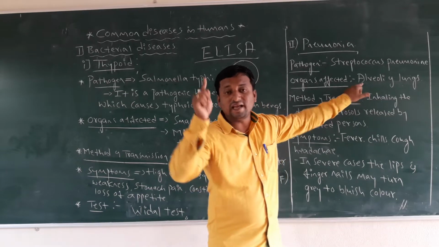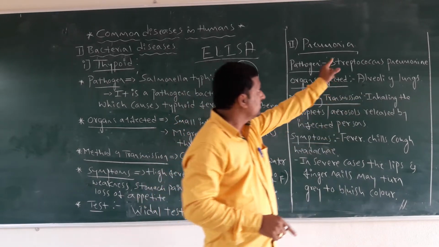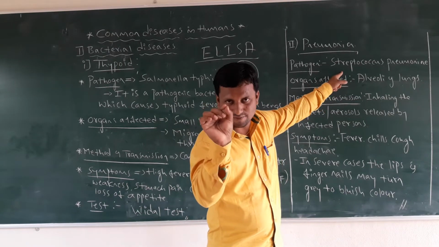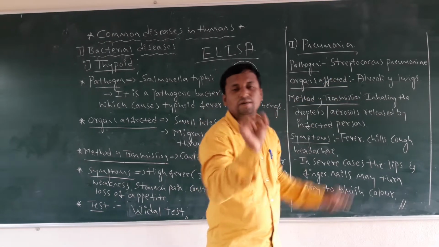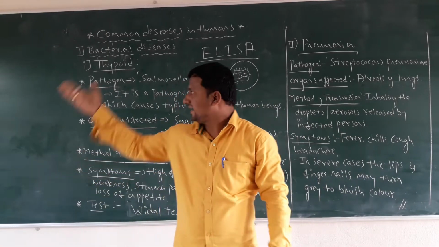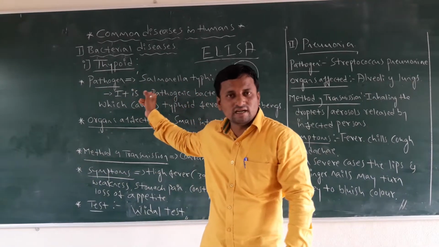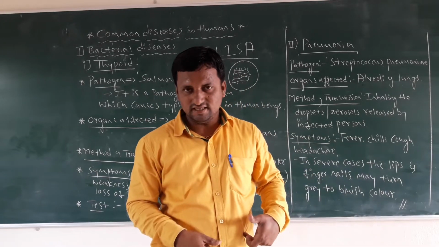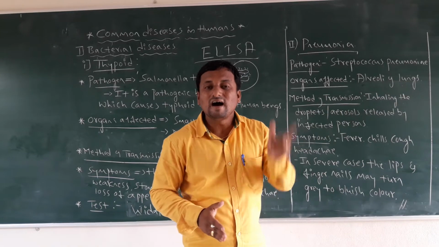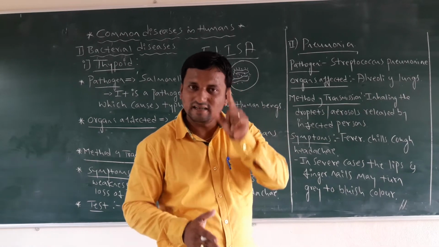That part will be affected by this pathogen. What is that? Streptococcus pneumoniae. Remember which part it affects, where it enters: Salmonella enters the intestine, and Streptococcus pneumoniae enters the alveoli of the lungs.